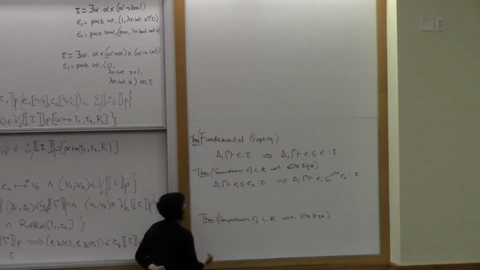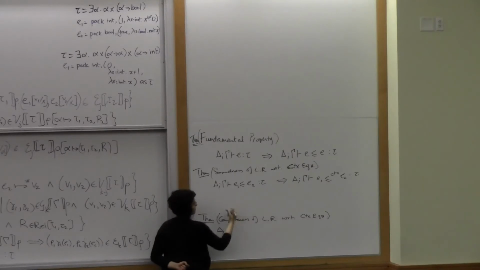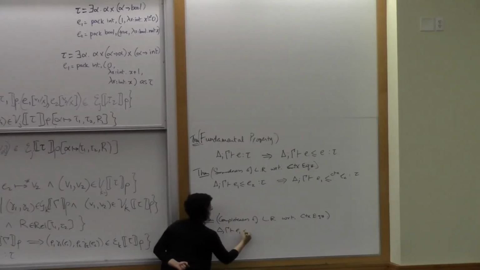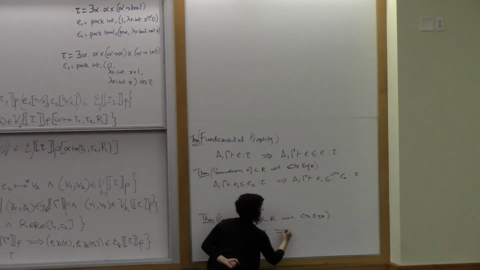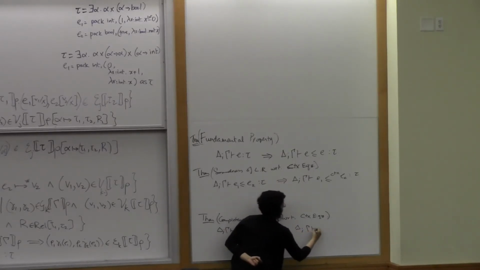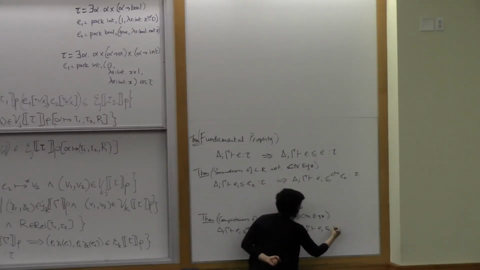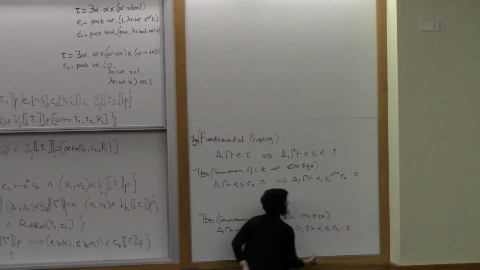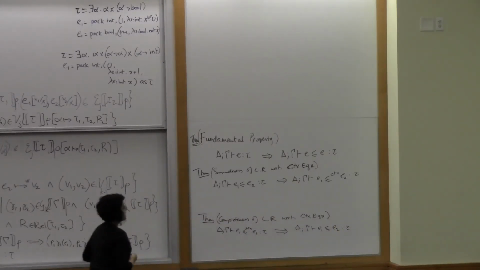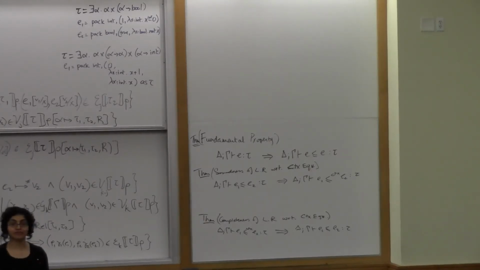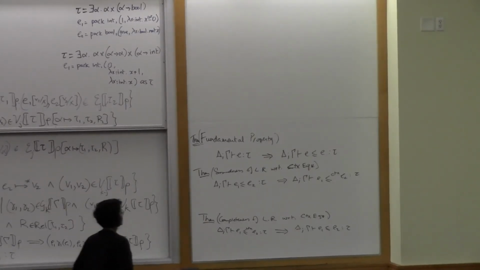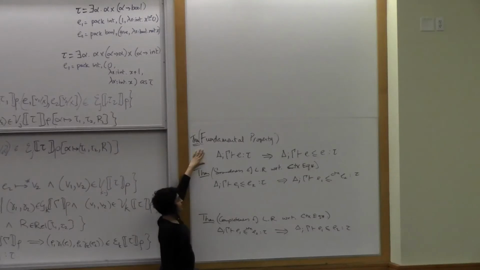So this says the opposite direction, that if E1 contextually approximates E2 at the type tau, then E1 logically approximates E2 at the type tau. Okay. Let me first say something about soundness, and then I'll come back to completeness, which is a really interesting sort of issue. Okay, so how do we prove the fundamental property?